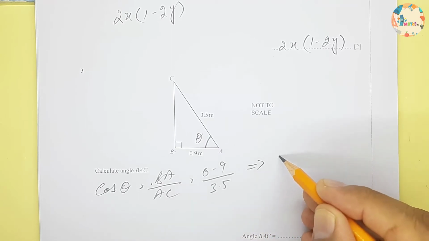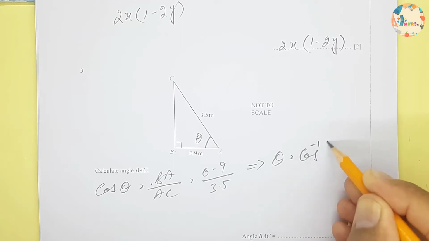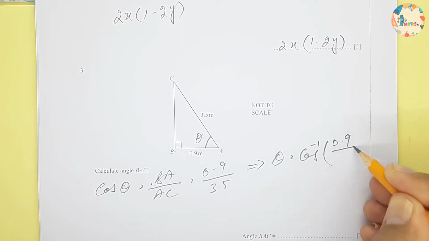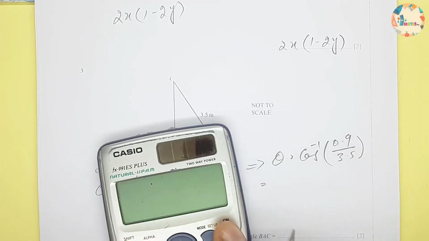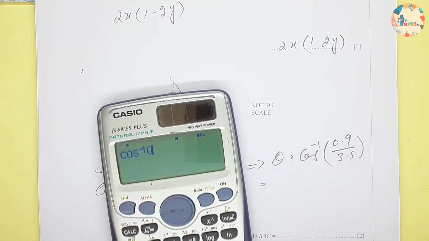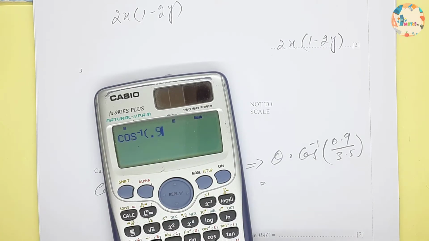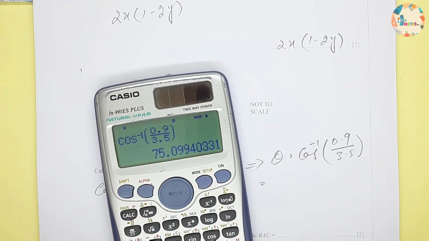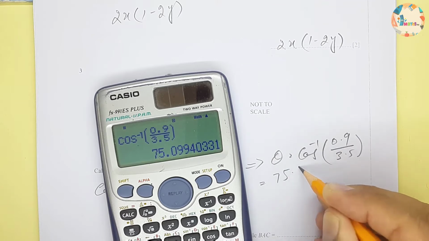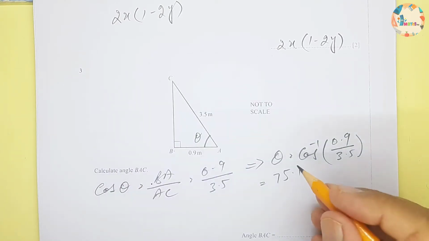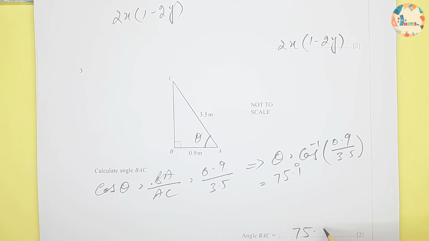This implies theta is equal to cos inverse of 0.9 over 3.5, and we can take inverse of cos 0.9 divided by 3.5. So this will be giving us 75.09, or we can write 75.1 degrees.